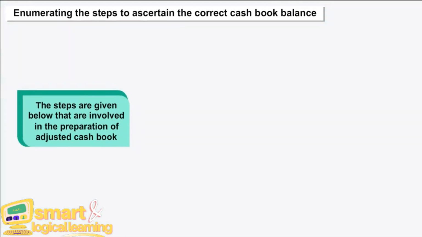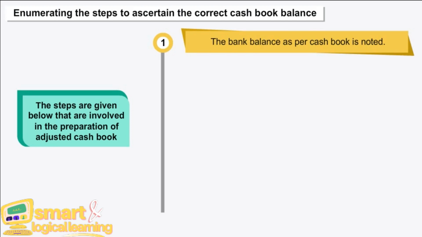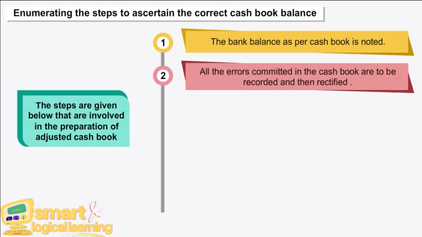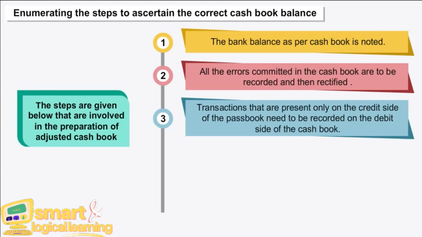The steps are given below that are involved in the preparation of adjusted cash book. 1. The bank balance as per cash book is noted. 2. All the errors committed in the cash book are to be recorded and then rectified. 3.